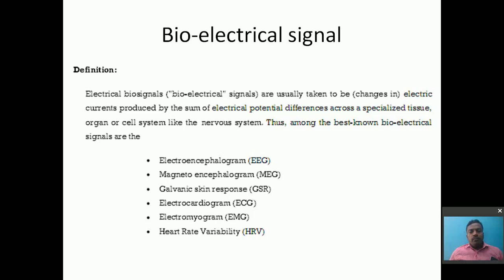From the lemon, electrons are flowing through the electrodes, so you can glow an LED, around 1.5 volt to 2 volt, I think. So this is one of the electrochemical electricity generation methods.